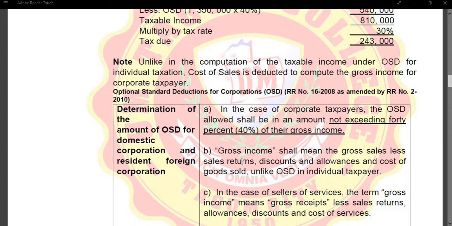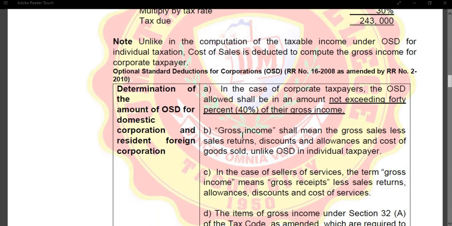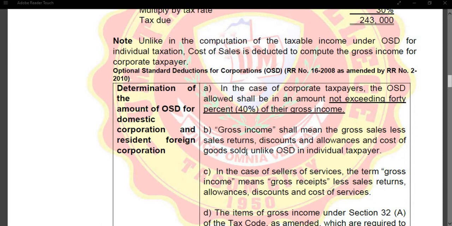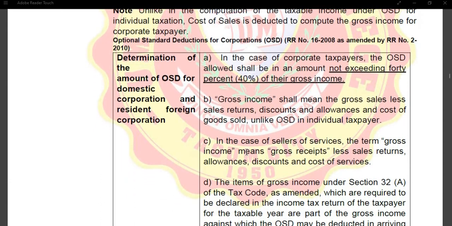The gross income shall mean the gross sales less sales returns, discounts, and allowances and cost of goods sold, unlike OSD in individual taxpayers where, as what we have discussed earlier, the 40% OSD will no longer include the cost of sales. So in the case of sellers of service, the term gross income means gross receipts less sales returns, allowances, discounts, and cost of service.